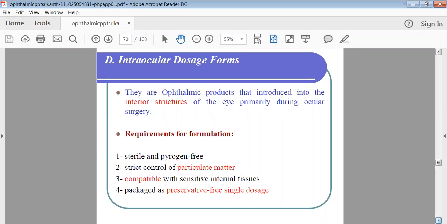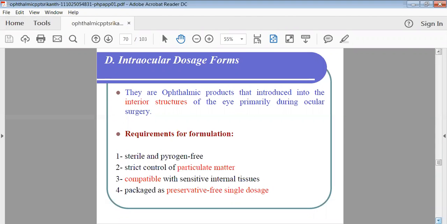Generally they should be pyrogen free, just like a parenteral preparation. So they should be sterilized and free from microorganisms. Then there should be strict control of particulate matter while inserting them inside the eye cavity, and they should be packed as a preservative-free single dose.